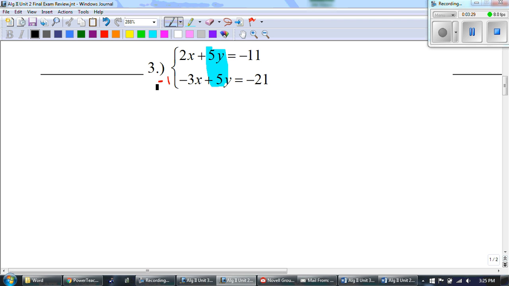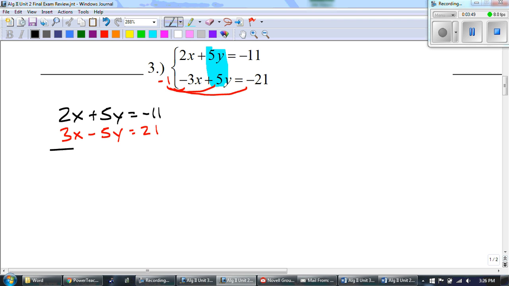And that'll turn that 5 into a negative 5. So the top stays the same. And then I'm going to distribute this negative 1. So that turns to negative 3x, negative 5y, and then a positive 21. And then just like I wanted to, the y's cancel.